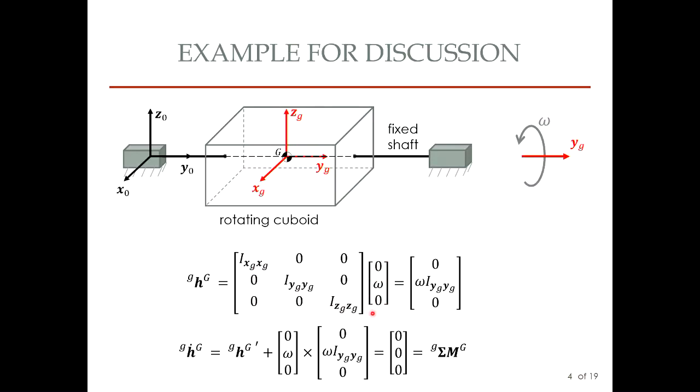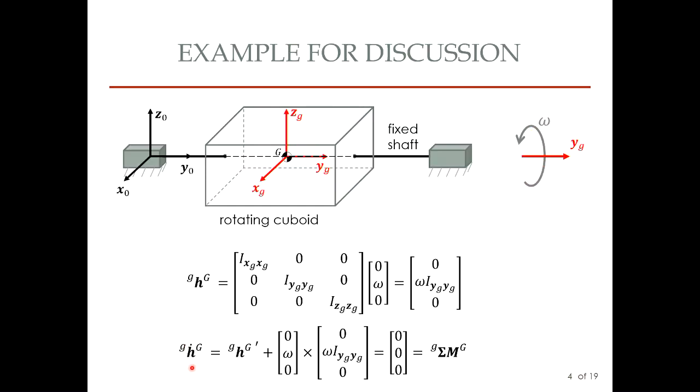Okay, so the product is here. You can look, omega times the YY component. All right, so this is h, the angular momentum of the cuboid as it rotates with this constant angular rate of change. And this is h dot.